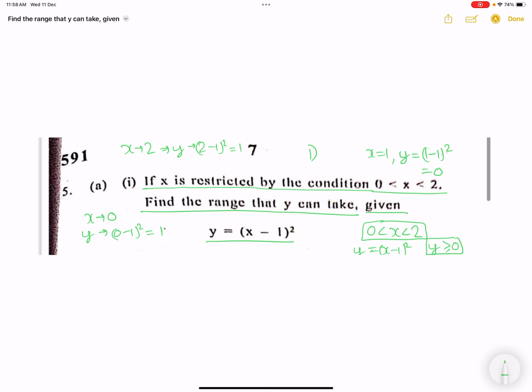So when x equals 1, y equals 0. And for any other values of x lying between, y would lie between 0 and 1. And 0 is included. You need to make sure about the brackets. 0 is included because x can take the value 1. But x cannot take the value exactly equal to 0, so 1 is excluded. So this is the range of y.